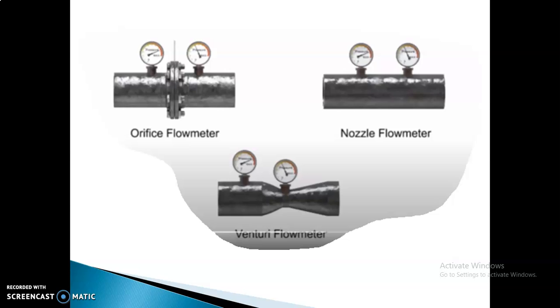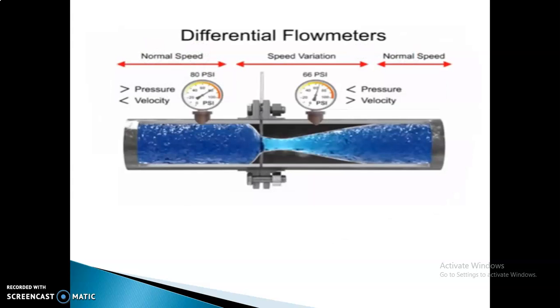This is how the obstruction is situated, so they are all called obstruction meters, in which we can measure the difference in flow before and after the obstruction by means of a differential pressure sensor. The rate of flow can be measured using these types of flow meter.